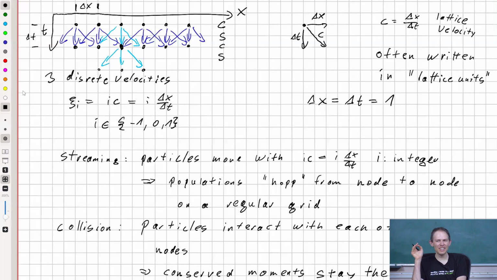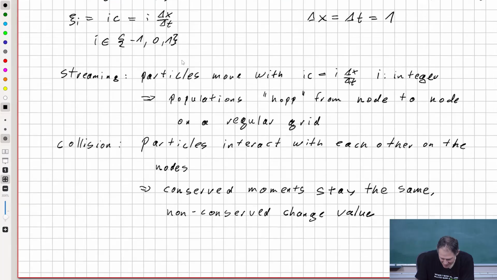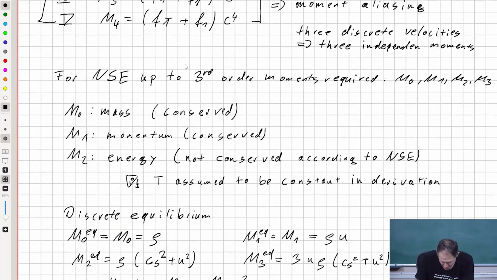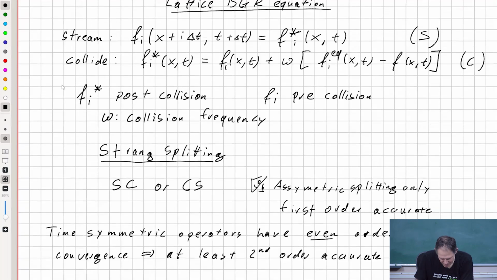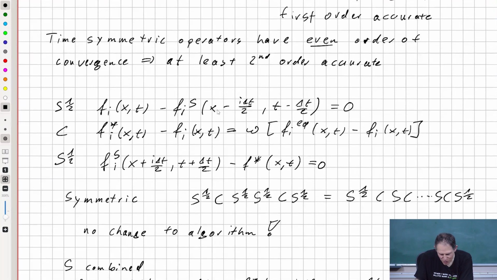So the thing was, the algorithm does not look second order, but if you run the algorithm and you measure the convergence, it is second order. So you don't see this by looking at the algorithm. You see this from the fact that you can write the algorithm in this way here. So you can say that you do half of the streaming.